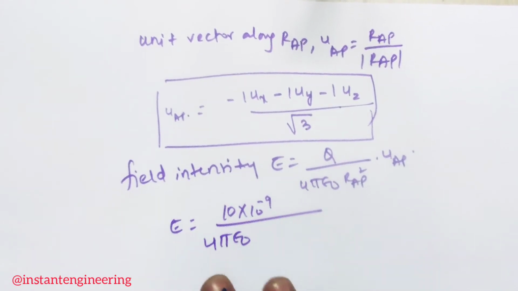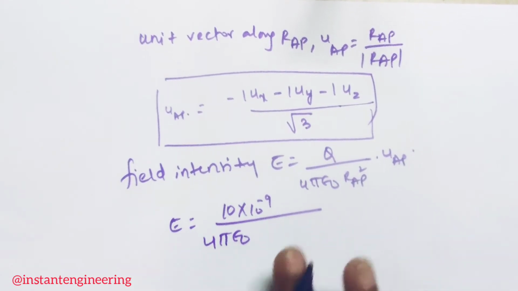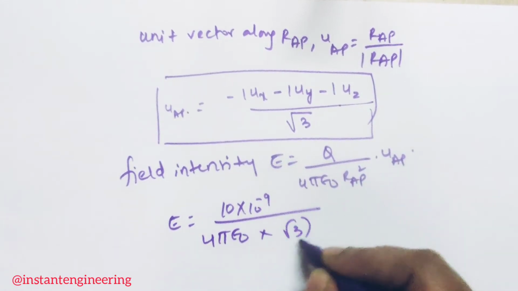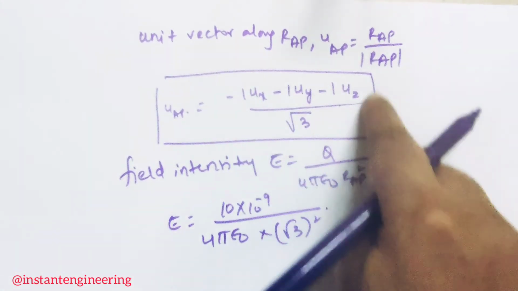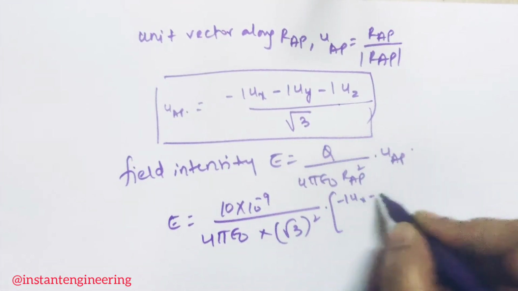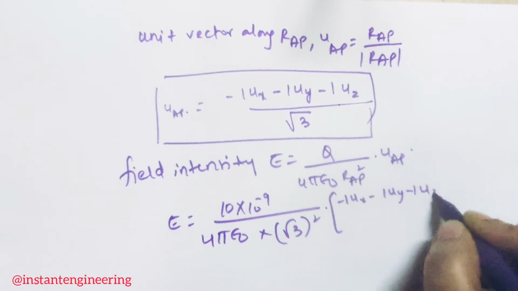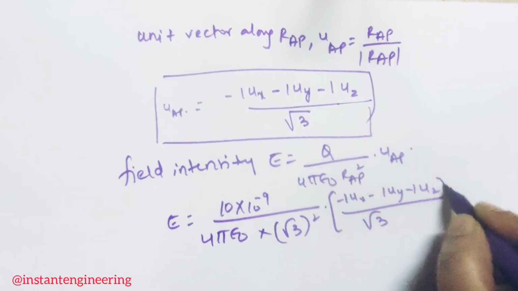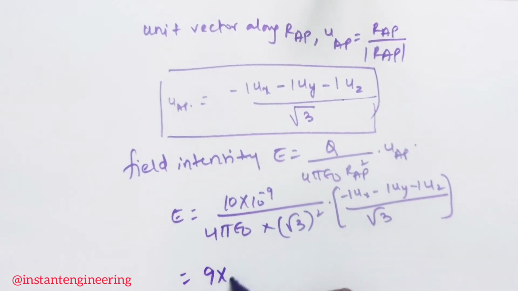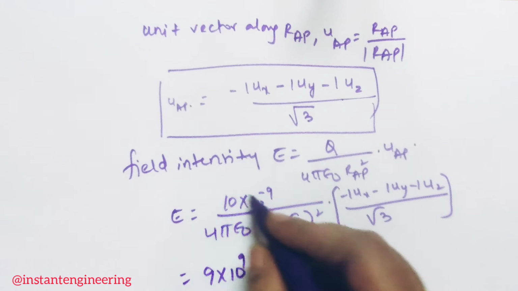I already told you, remember this as 9 into 10 power 9, into RAP, root 3 whole square. UAP is this one: minus 1 ux minus 1 uy minus 1 uz divided by root 3.